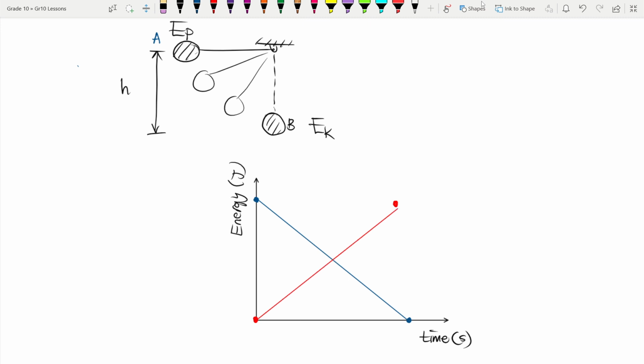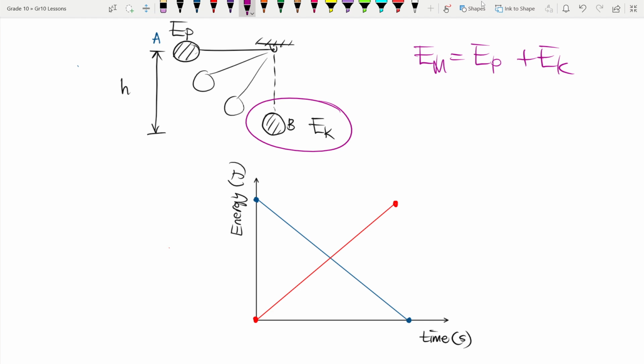Then if you do your maths with those function values, you're going to get EM if you add them all, so EP plus EK. For example, at point B, there's no EP, there's just EK. At point A, there's no EK, there's just EP.